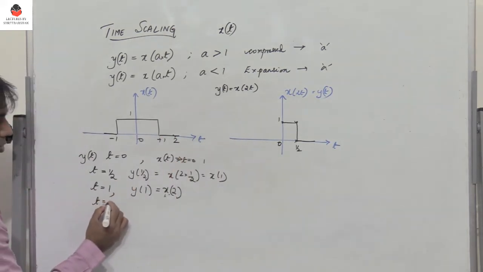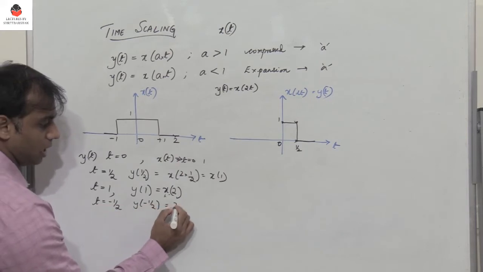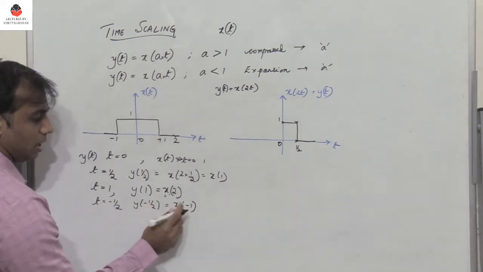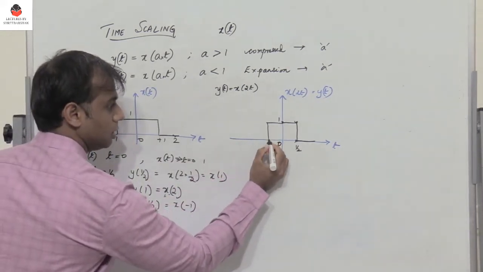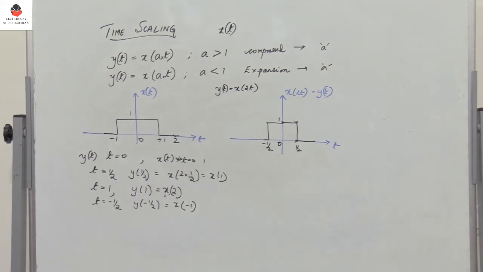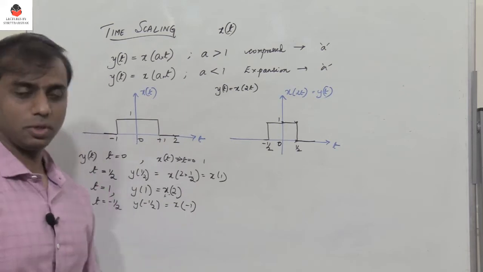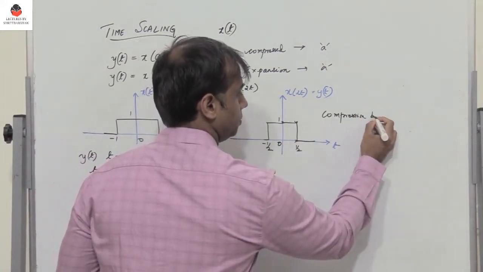So for t equal to minus half, y of minus half is nothing but the value of x at t equal to -1, which is 1, and then it comes back to 0. So what has happened? The signal has actually got compressed by a factor 2, right? So there is compression by a factor 2.